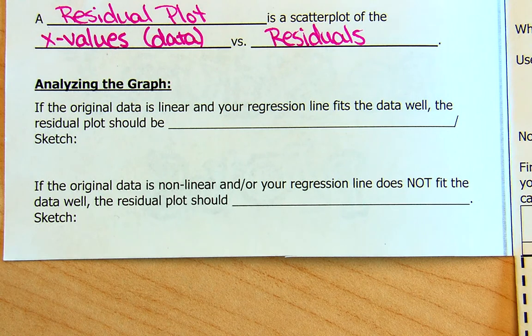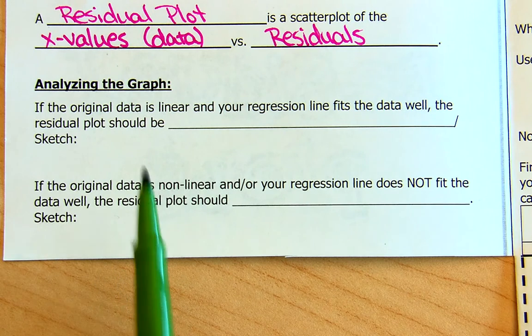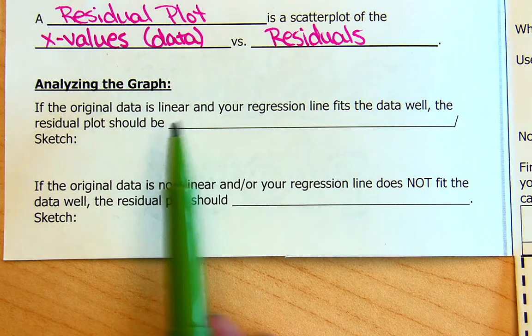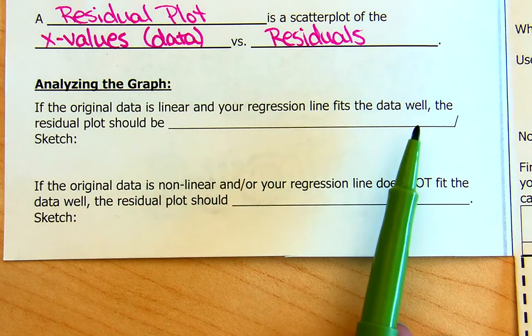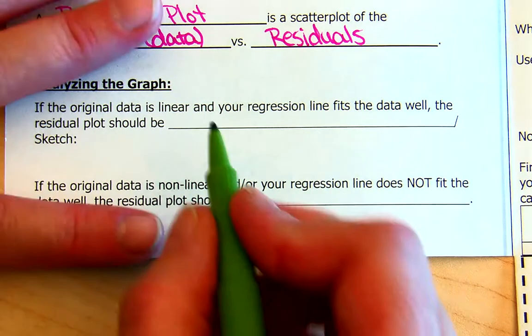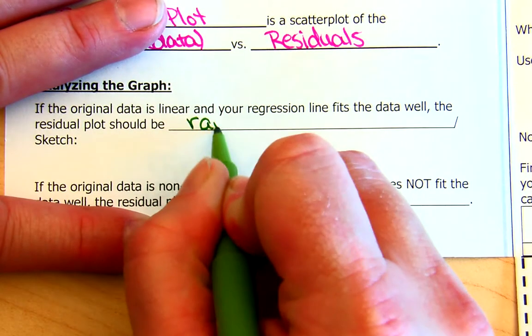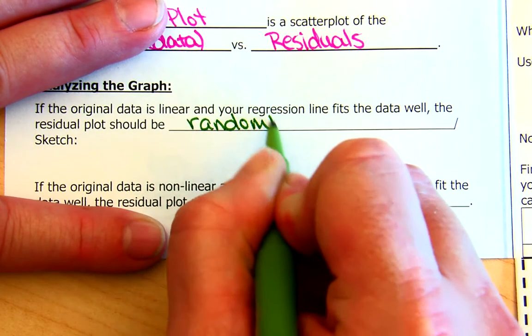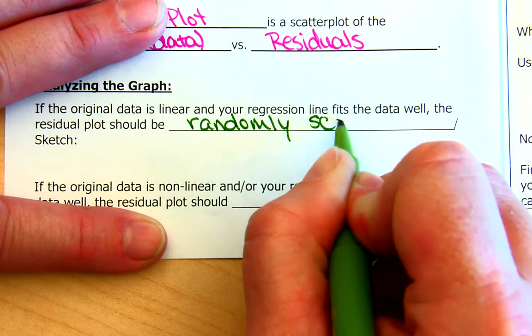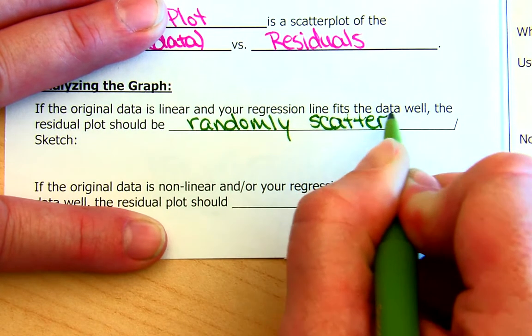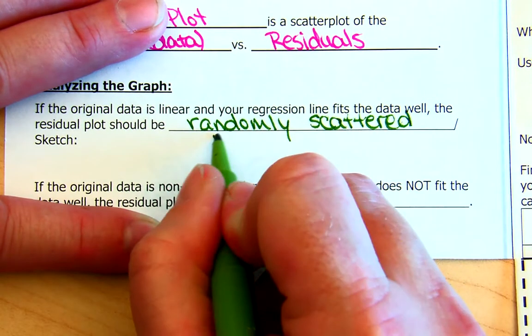If it's linear, it will show that. So a residual plot is a good place to check to see, is the data linear? If it is linear, your regression line fits the data well, and the residual plot should be randomly scattered. In other words, no pattern.